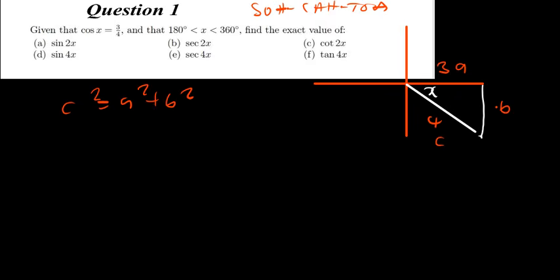So cos, using SOHCAHTOA, adjacent is 3, hypotenuse is 4. To find this side, let's assume that this is a, this is b, and this is c. To find b, we know that c squared is equal to a squared plus b squared. We know this from grade 12.